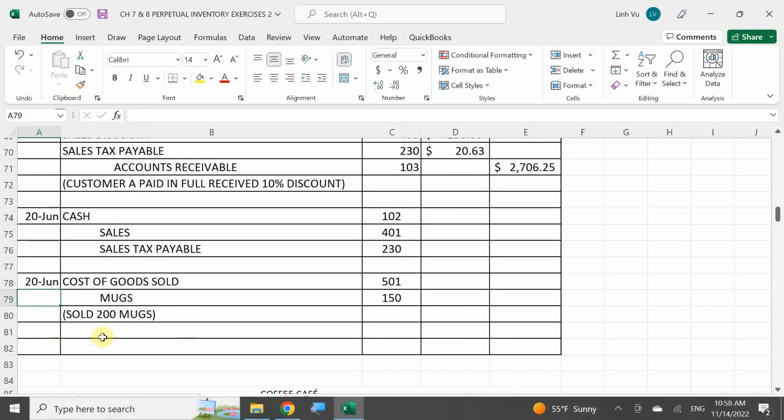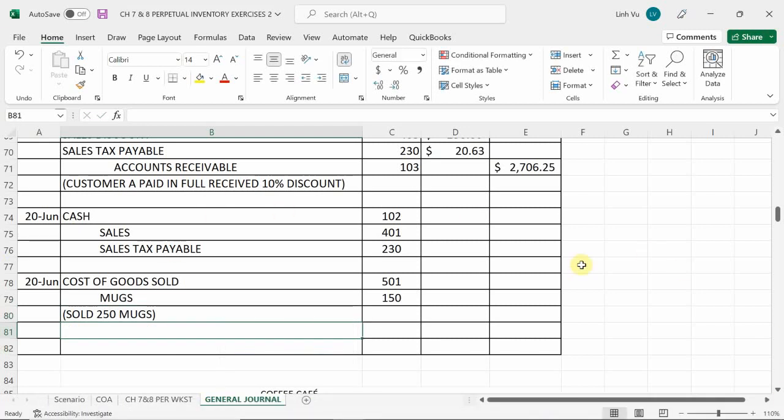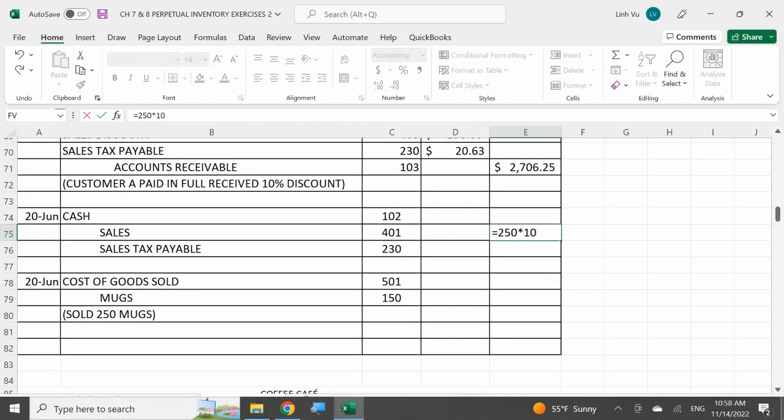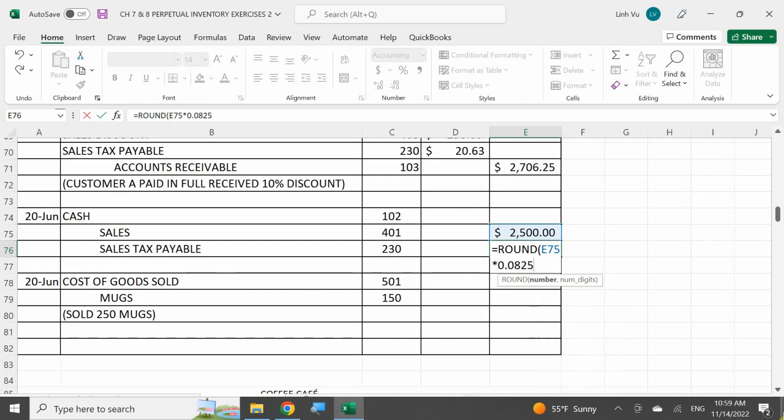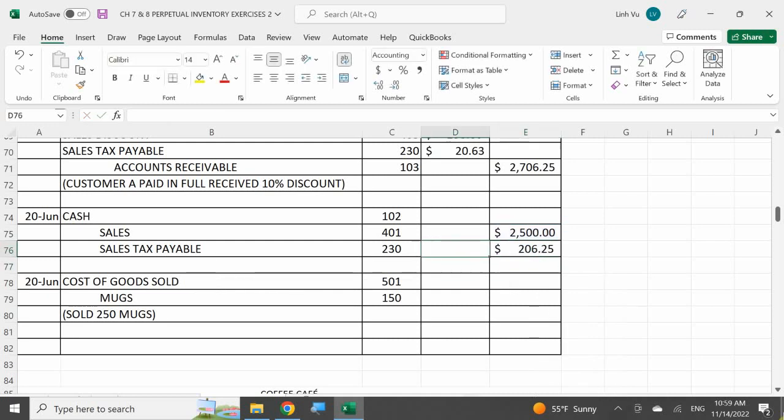This time we sold 250 mugs for $10 each. 250 times 10 will give you 2,500. You're going to be charging a total tax of $206.25.